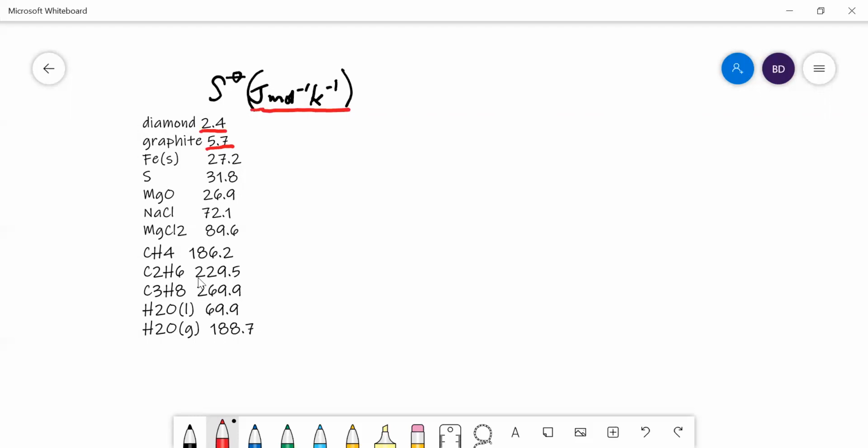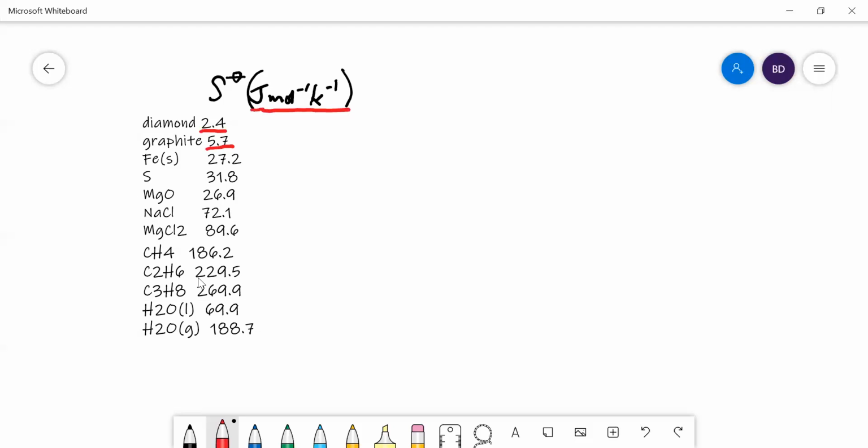There is slightly more disorder in graphite than in diamond. In diamond every atom is covalently bonded to 4 others, graphite only to 3, and you've got the delocalized electrons, which can be in different places, giving lots of different arrangements. So that's why graphite is slightly higher.